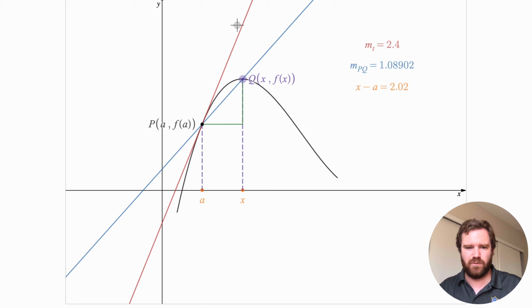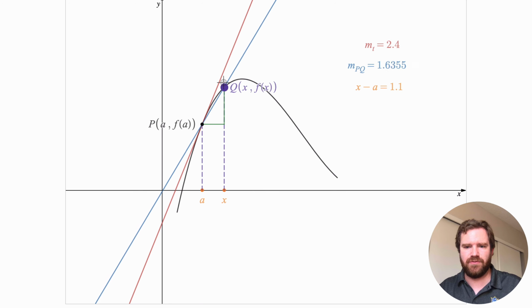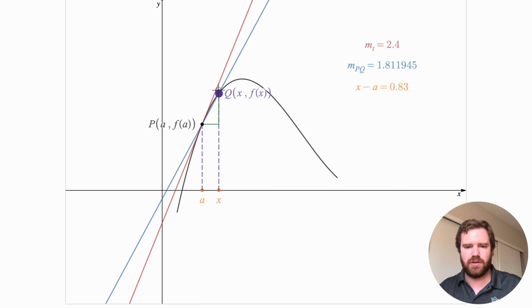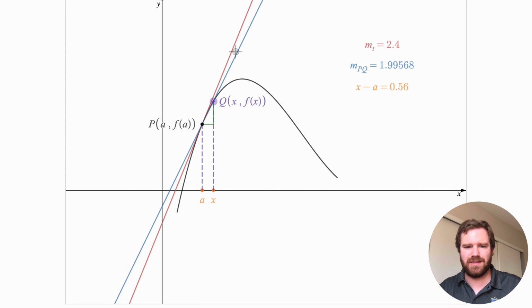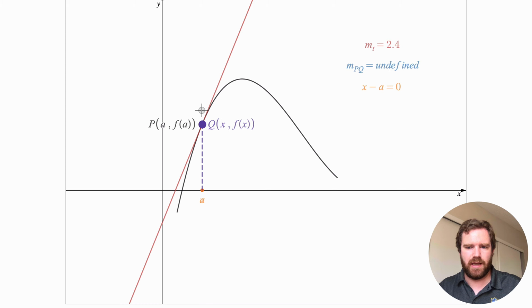In red, we have graphed a tangent line to our curve at the point a. As x is getting closer to a, notice that the slope of our secant line is approaching the slope of that tangent line. The secant line is getting closer and closer to actually becoming that tangent line. But what happens when x equals a?